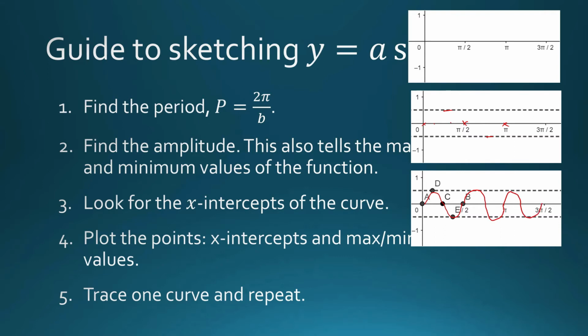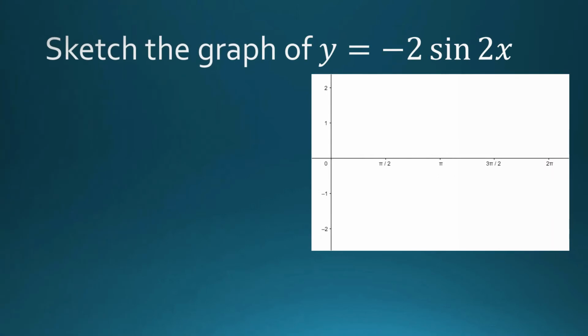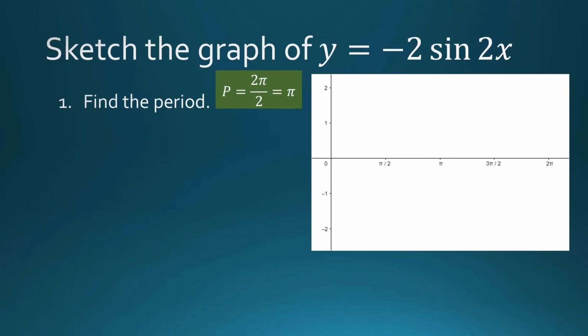Something like that. Let us sketch the graph of y is equal to negative 2 times sine of 2x. So right away, you know the period. The period is 2 pi divided by 2, and that is equal to pi. So from 0 to pi, we shall have one sine curve.